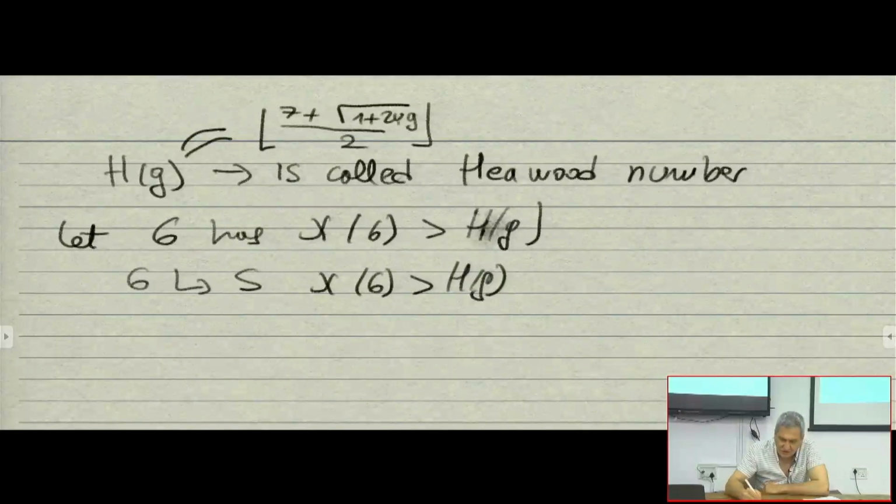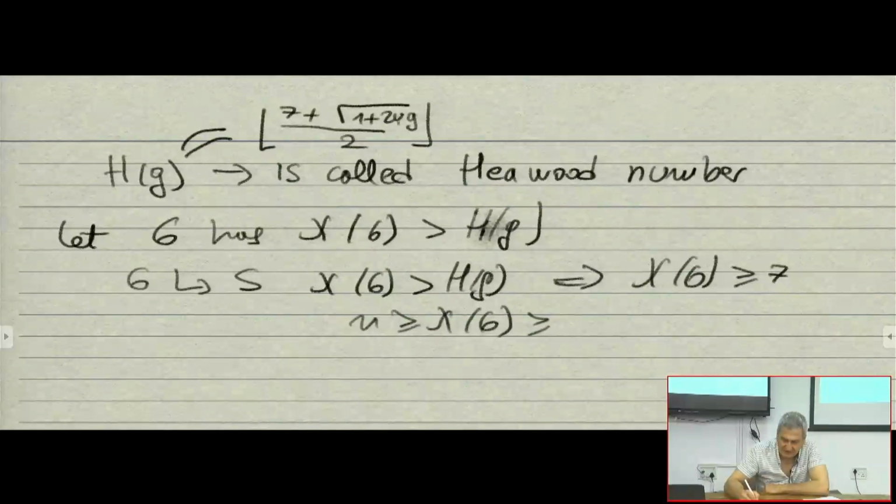This implies that the chromatic number of G is at least 7, because the lowest bound we have here is 6 for g equals 1. But then the number of vertices is at least the chromatic number of G, which is at least 7. So the number of vertices is also at least 7.